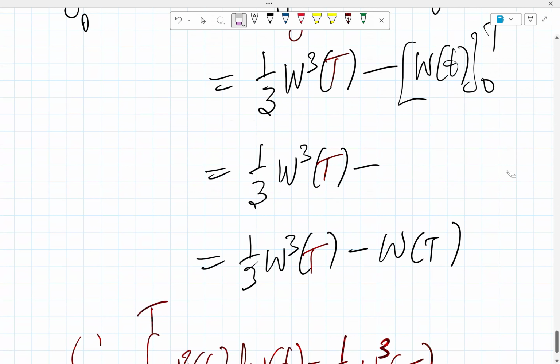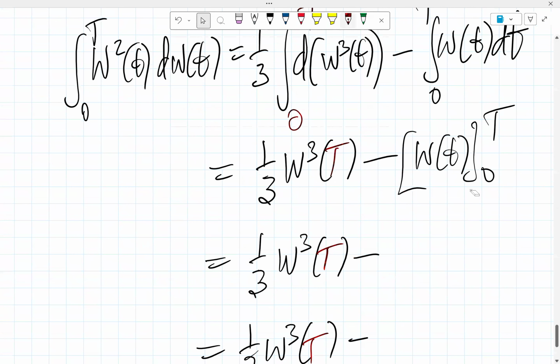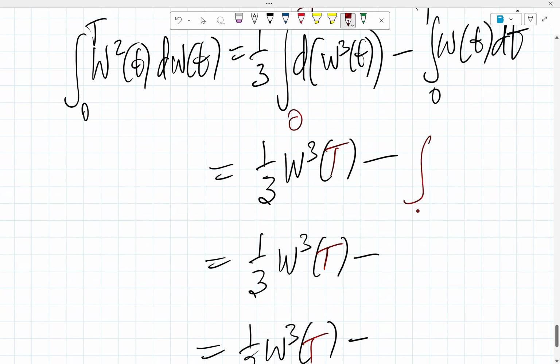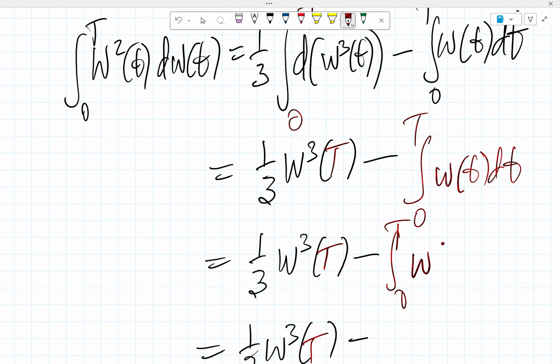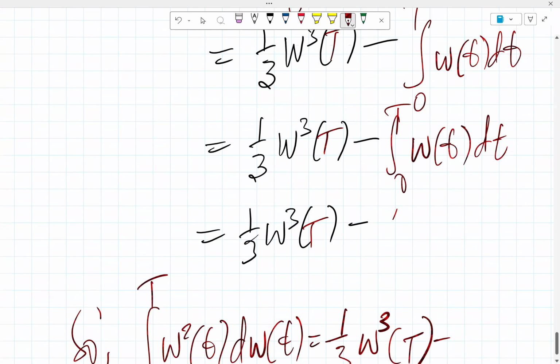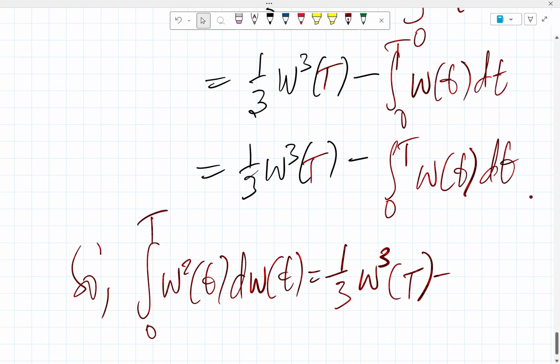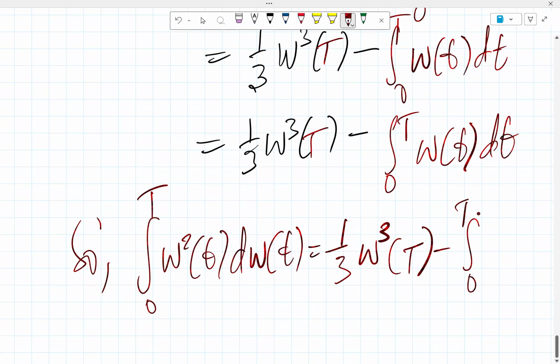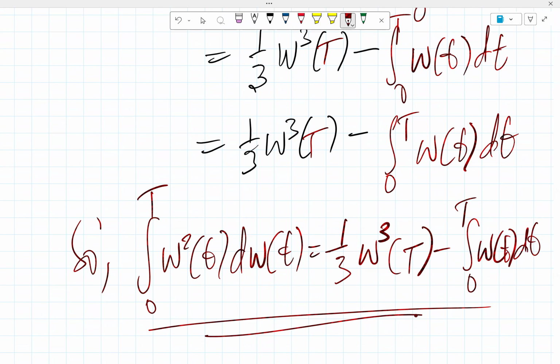This doesn't work, sorry, because it's not dw of t. So it's better to leave it as an integral. So we have the integral from 0 to t of w of t dt. So this is how the answer will remain.